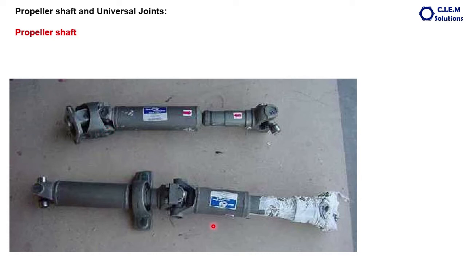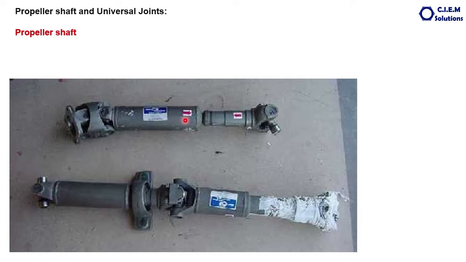Certain parameters have to be kept in mind in designing and manufacturing the propeller shaft. The first one, why the propeller shaft is made in the tubular section is, it is essential to minimize the total weight of the propeller shaft as much as possible. Otherwise, if it is a solid shaft, that itself will consume a lot of power for its self-rotation.